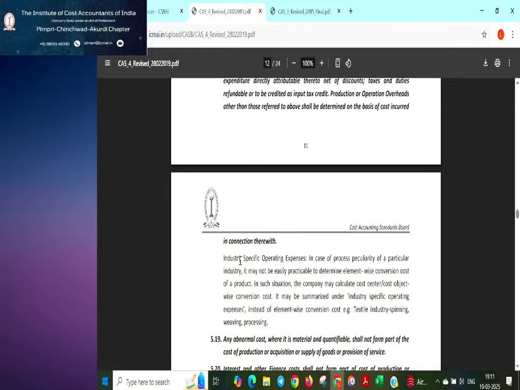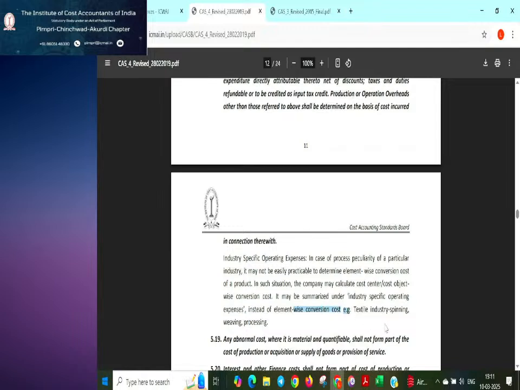So let's go through industry specific operating expenses, which is one of the important things in your abridged cost statement. What is this industry specific operating expense? That which is very peculiar or specific to a particular kind of industry. For example, the company may calculate cost center or cost object wise conversion. It may be summarized, for example, as industry specific operating expenses instead of element wise conversion cost.